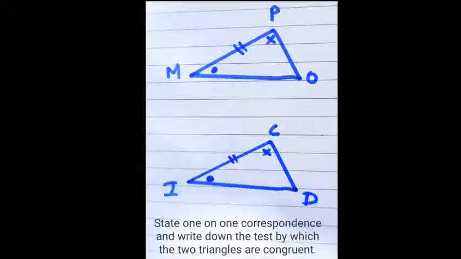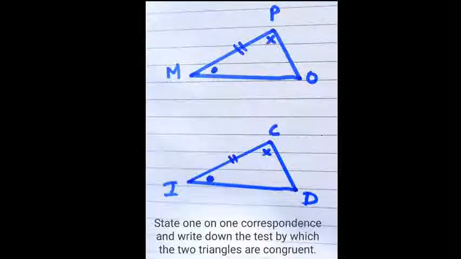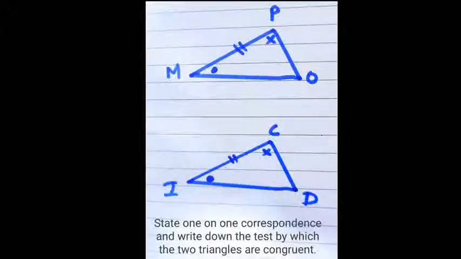Now, which test could we apply here? We have 5 tests as we have studied. Here, the ASA test is applicable. Therefore, the two triangles are congruent by the ASA test.